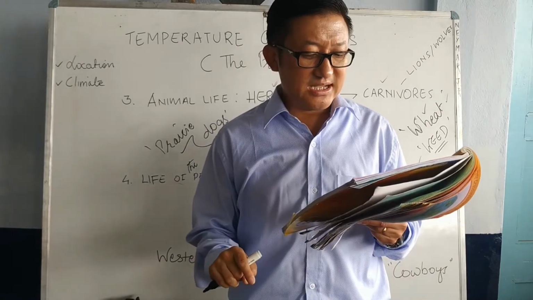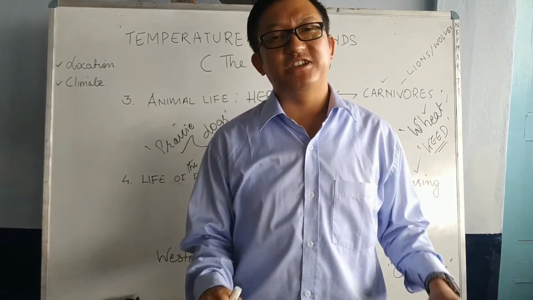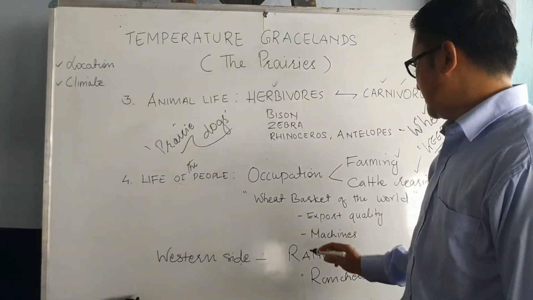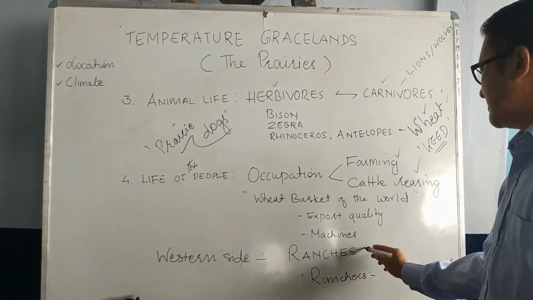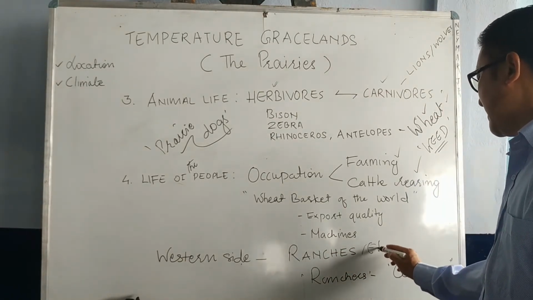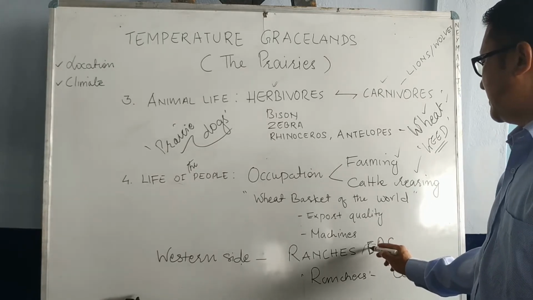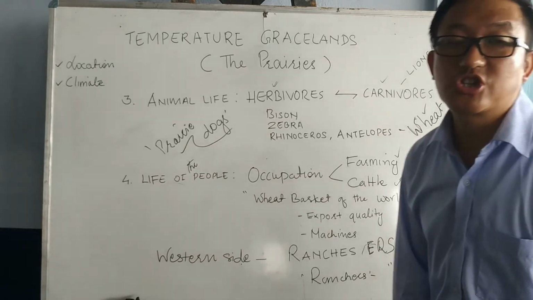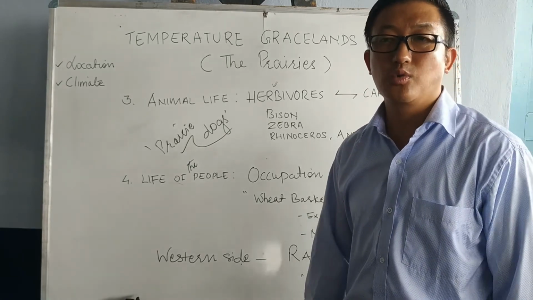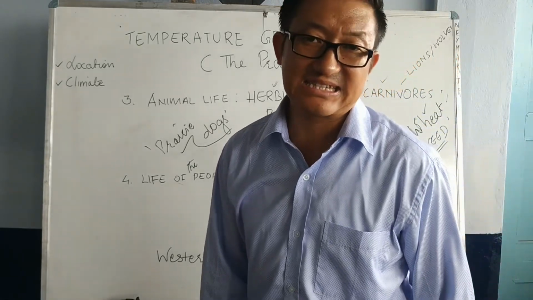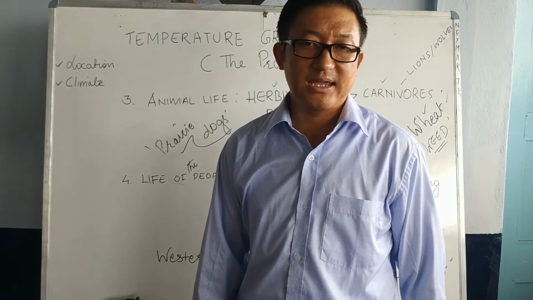Mind the spelling: ranchers. Ranches, okay? ERS is person, ERS is persons. Ranchers are persons, those who own ranches. Okay?